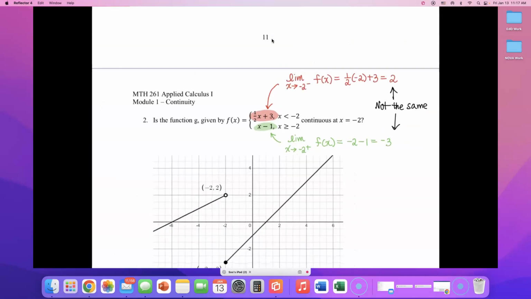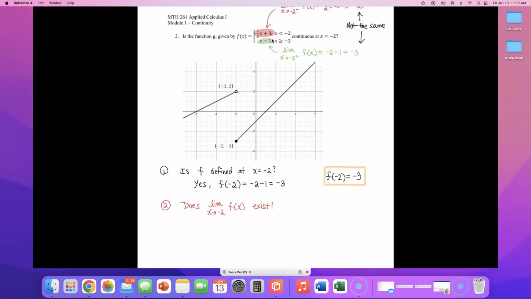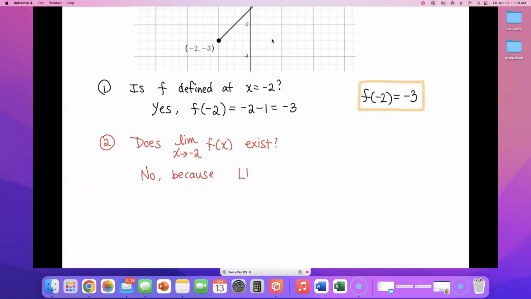So guess what? The general limit does not exist. I'm going to write that down here. I'll say no, because, let's abbreviate, left-hand limit does not equal right-hand limit as x is approaching -2.